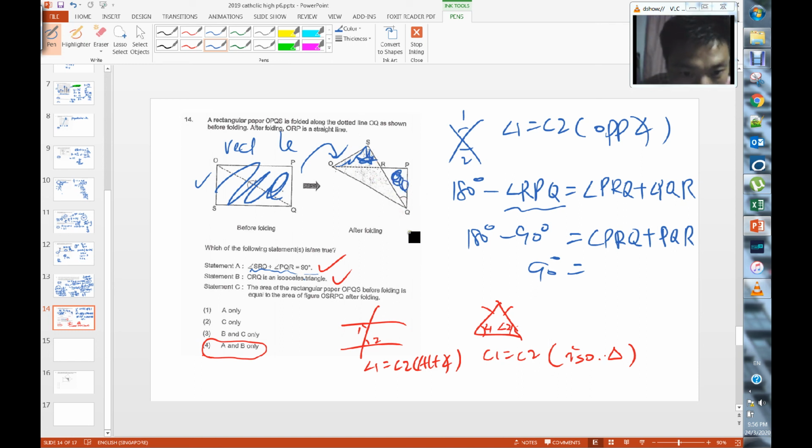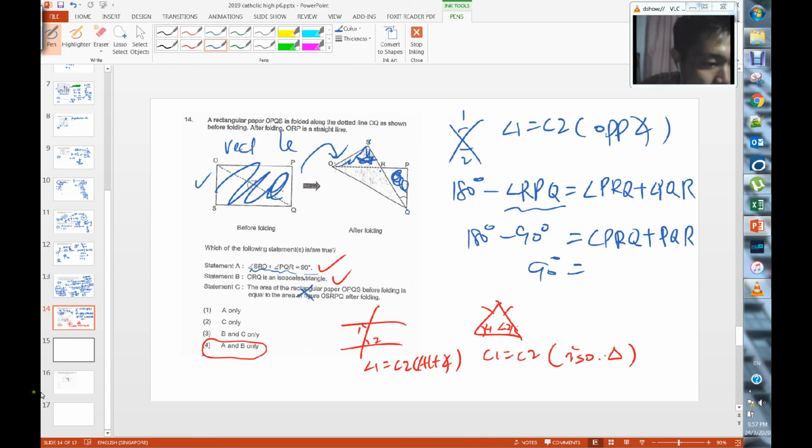The figure OSRPQ. So what do you think? Are they the same? The answer is no, they are not the same. So you should choose option 4.